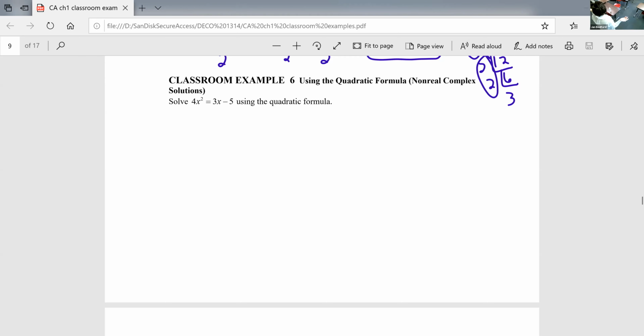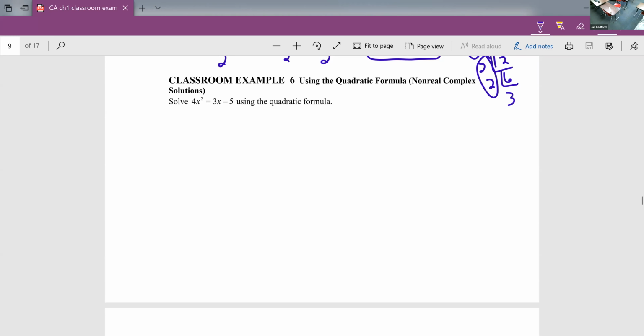If we were going to factor, we want a to be positive. Let's move these two terms over to the left side. And the way we do that is we're going to subtract 3x from both sides. And then we're going to add 5 to both sides.